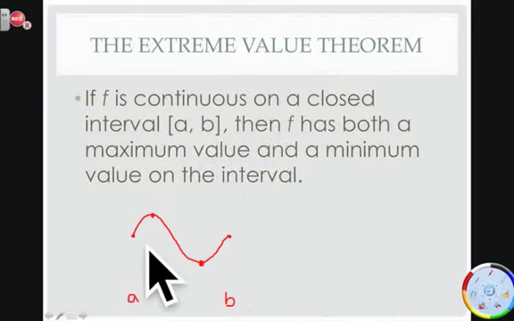Now you notice we have an absolute minimum that's on the endpoint of the domain. And that's completely legal, and that's one of the things that our extreme value theorem guarantees us. There will be an absolute max and an absolute min somewhere on this domain, either on the interior between the 2 points or at the endpoints themselves.